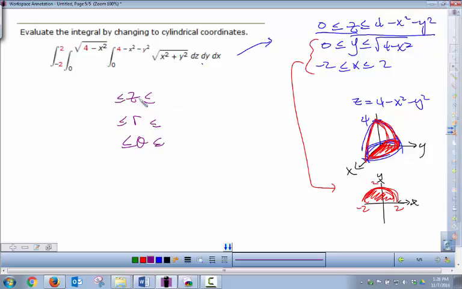I think maybe about 85 to 90% of the time you're going to be writing your cylindrical coordinate limits with a z first and then the r and the theta. So our z is going to go from 0 to this thing, which is the paraboloid. Well, if you just remember x squared plus y squared is equal to r squared, we can write this paraboloid as 4 minus r squared.